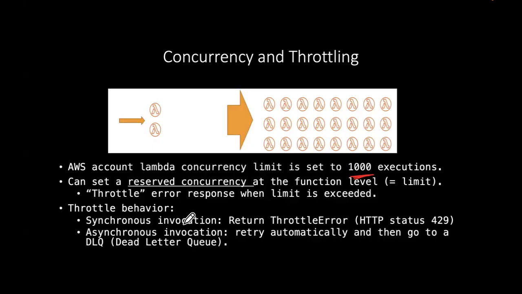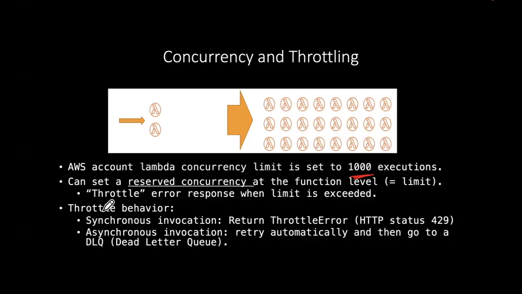For the asynchronous integration, the Lambda service actually has to deal with the throttling response, and it also retries. I think it retries 3 times, with a delay period between each one, and then eventually it gives up and queues the invocation into an error queue that you can subsequently access.